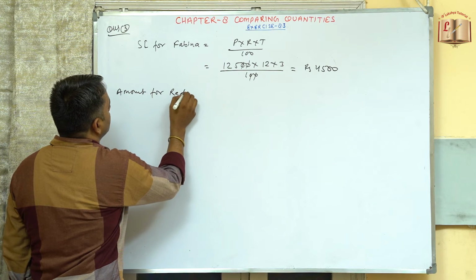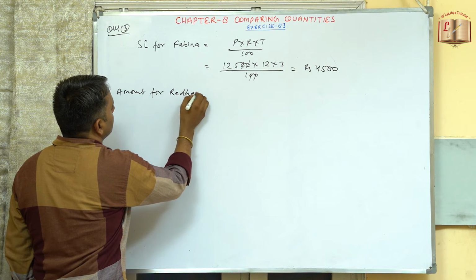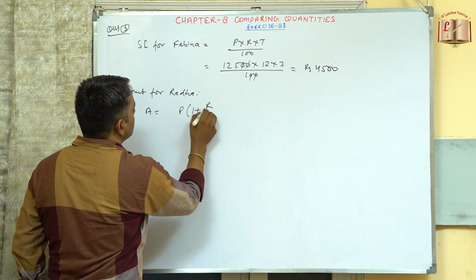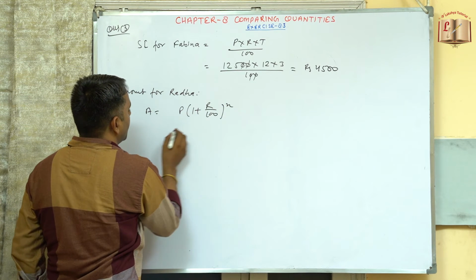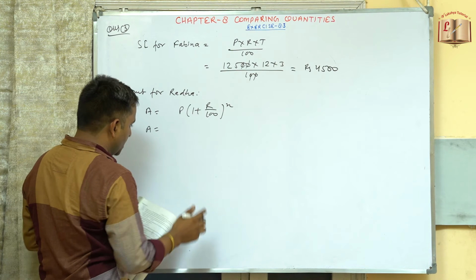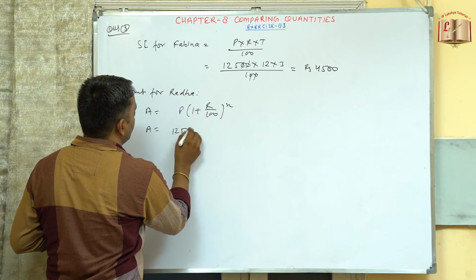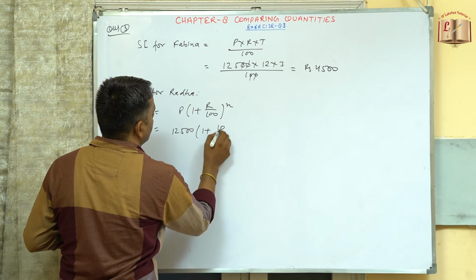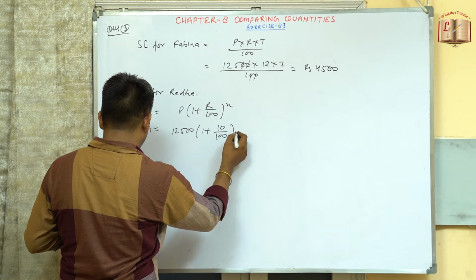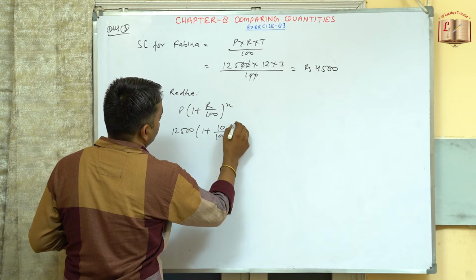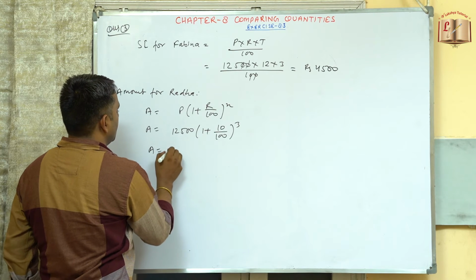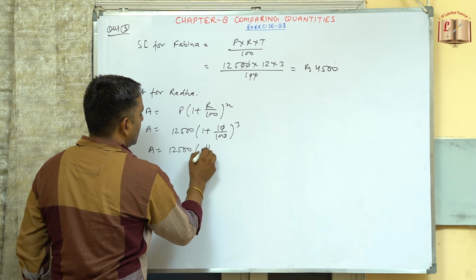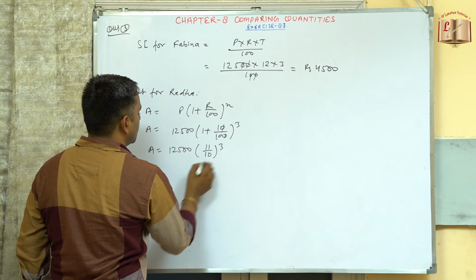Now we will calculate the amount for Radha. So A will be equal to P times 1 plus R by 100 to the power n. So P remains the same, 12,500, 1 plus R, which is 10, divided by 100, to the power n, with time remaining the same, 3 years. So A will be equal to 12,500 into 11 by 10 to the power 3.